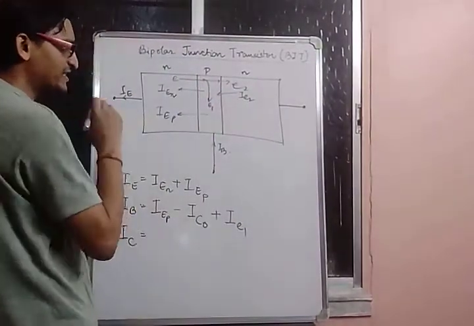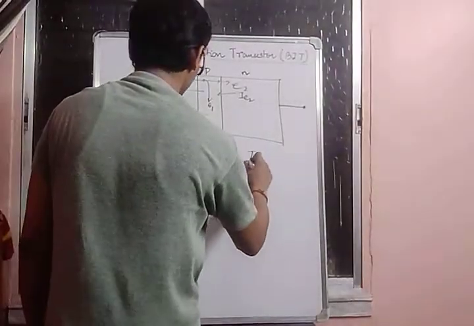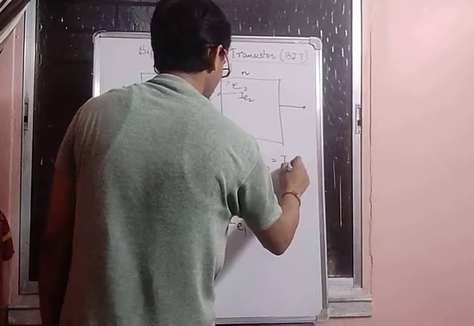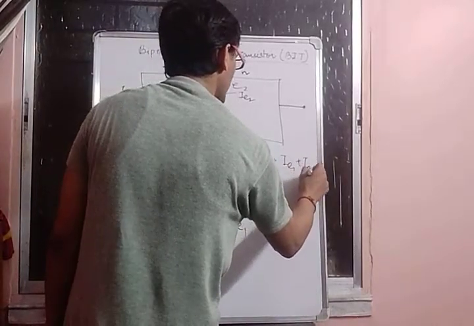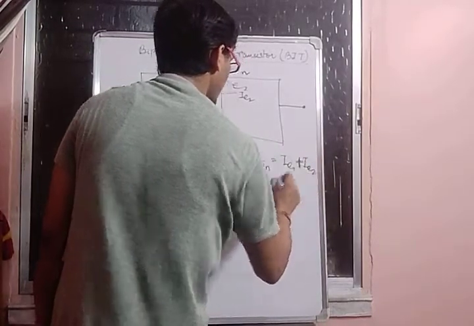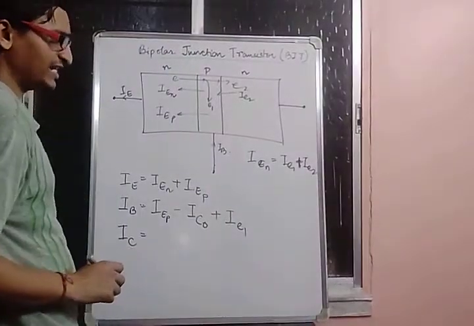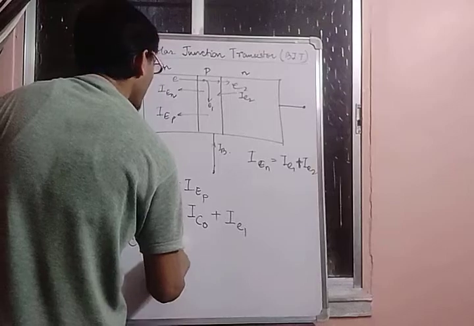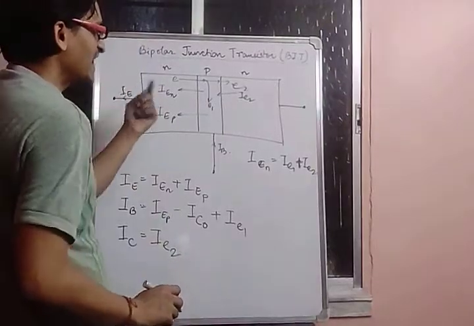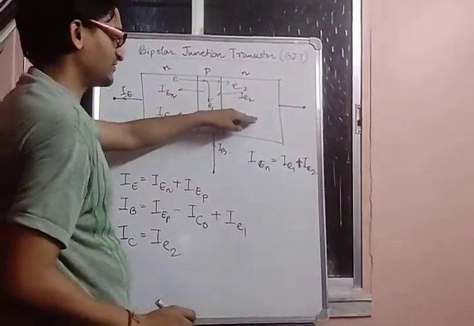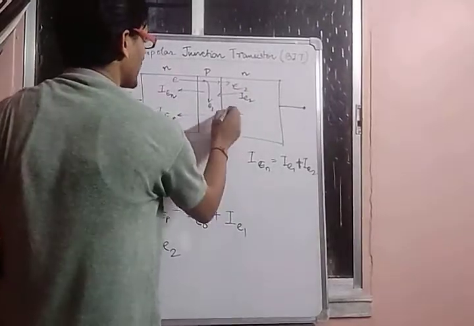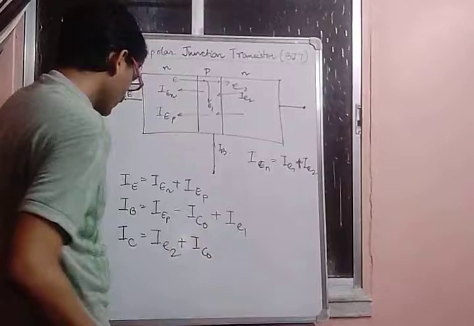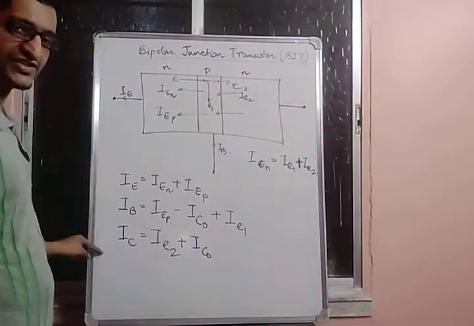Obviously, IEN will be equal to IE1 plus IE2. So one will be this IE2 component, in this direction, and some reverse saturation current as well. The direction of the reverse saturation current will be like this. This is basically your ICO. So this is basically the three currents.